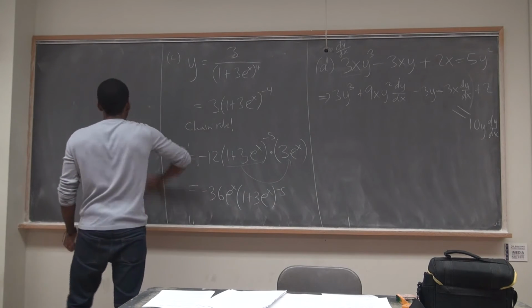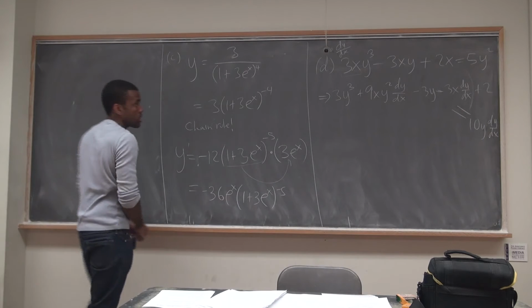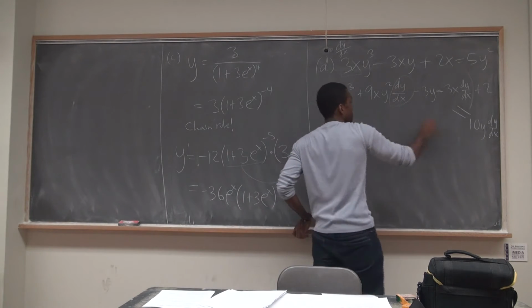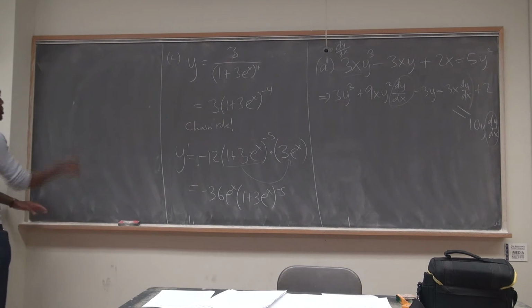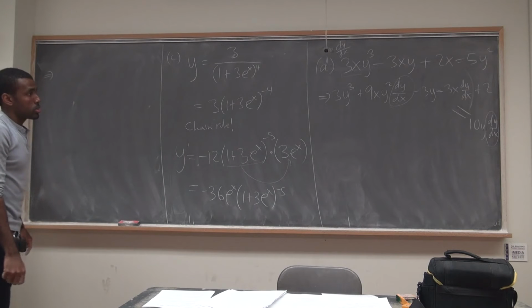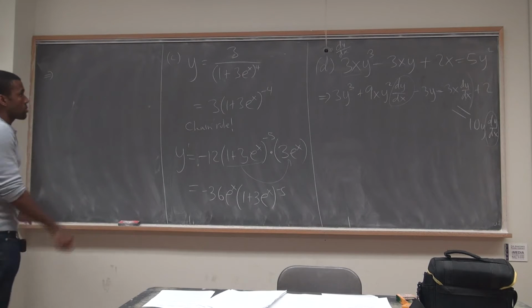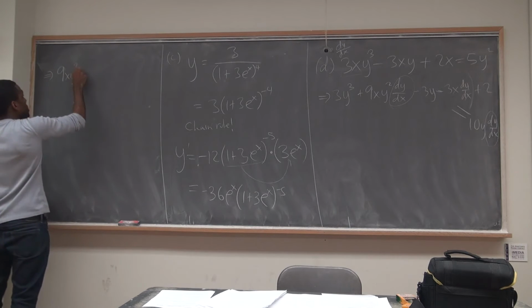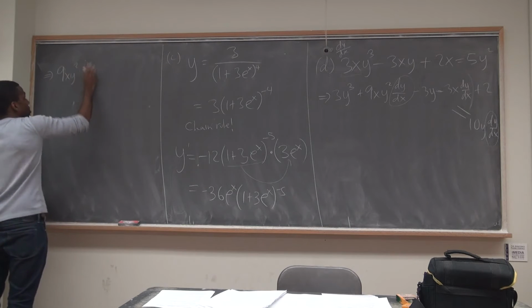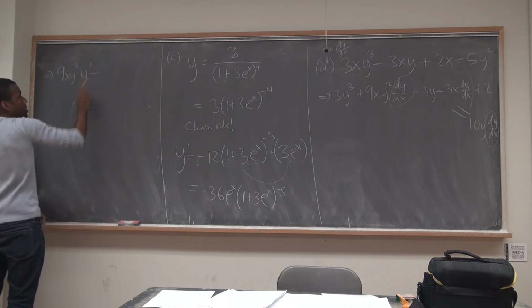So now what? I want to solve for dy dx. I want to solve for that. So get him alone on one side. So what is that going to look like? 9xy squared dy dx, or this one, I'll just write y prime.